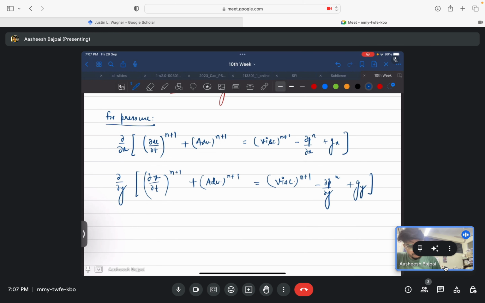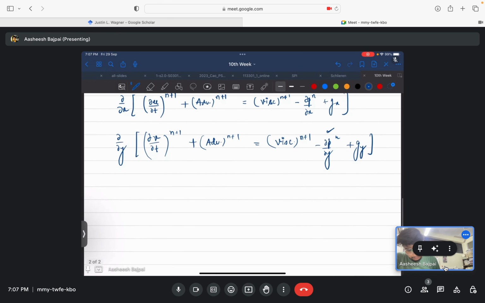From here we will get del square p by del x square and del square p by del y square. Let's add these two terms only.